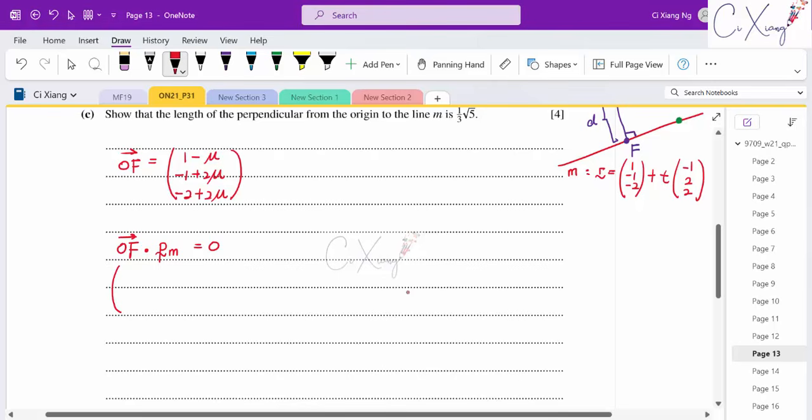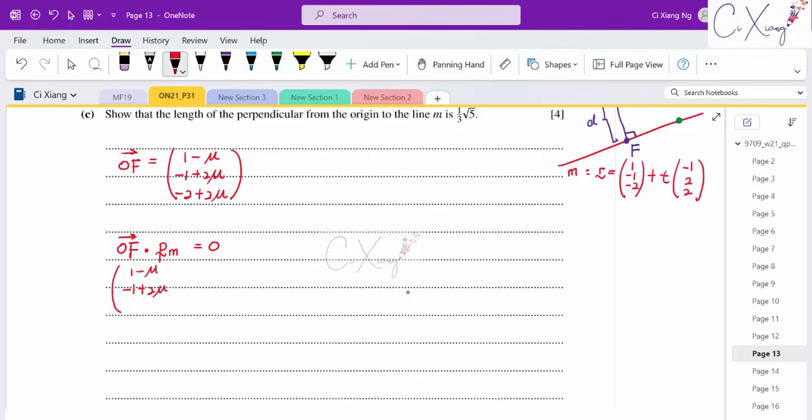So I have OF dot product with the direction of the line M. The direction of the line M is this one, -1, 2, and 2. I let it equal to 0 because I know that they are perpendicular to each other.